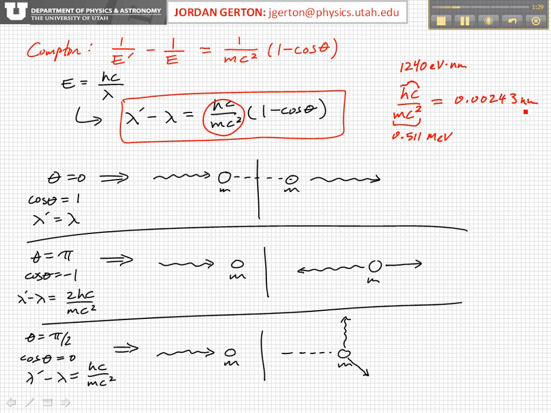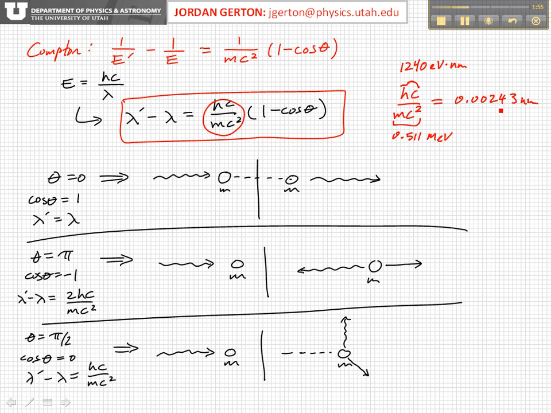So if you think about the wavelength of visible light, the transition between ultraviolet and violet light is about 400 nanometers, and the transition from the red end of the spectrum to infrared is about 800 nanometers. So the whole visible spectrum is between 400 and 800 nanometers, and this shift is 0.002 nanometers.